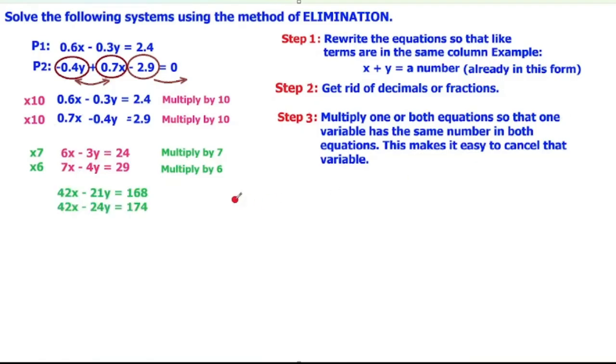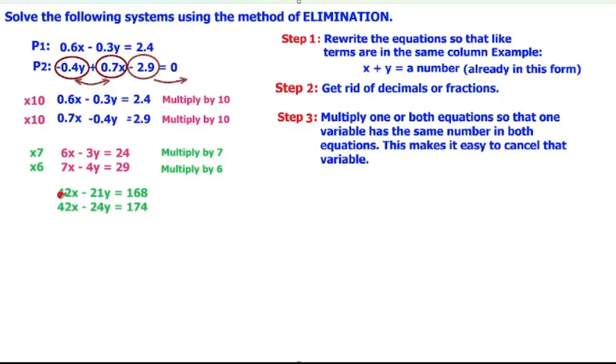So when we do that, the equation becomes 42x minus 21y equals 168. And then for this one, when we multiply 6 all the way through, it becomes 42x minus 24y equals 174.